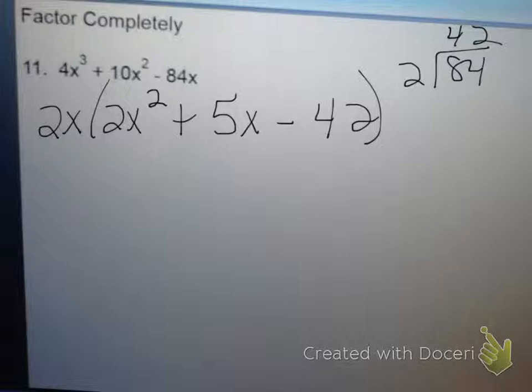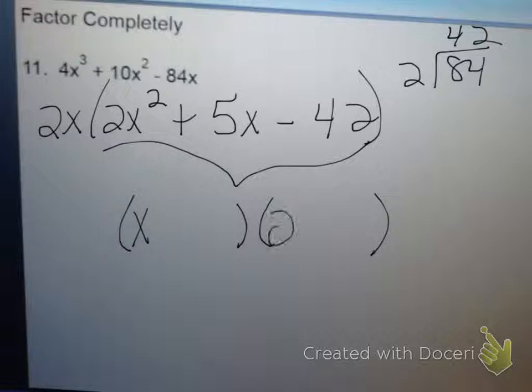Now I'm going to look at this polynomial. That is a trinomial that I'm going to factor into binomials. I'm not going to split my terms. I'm going to do the guess and check method. Factors of 2 are 1x and 2x. Your signs are going to be different.